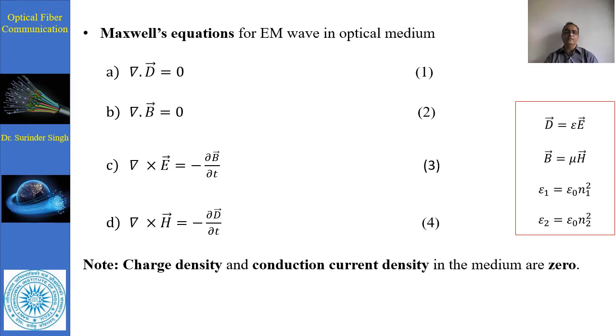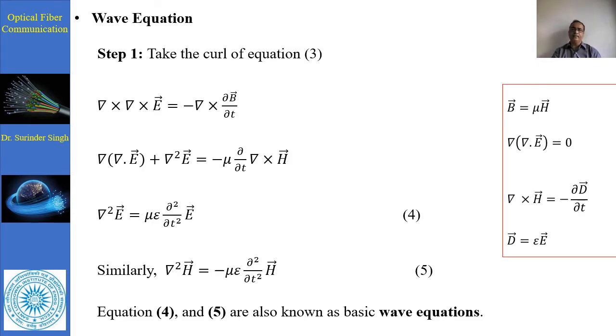For the further relationship, we take the curl of the third equation, del cross del cross E is equal to minus del cross dB upon dt, and the value of B is equal to mu H, we have to apply it here, and that becomes del cross H, so del is directly linked with this, and mu is taken outside.